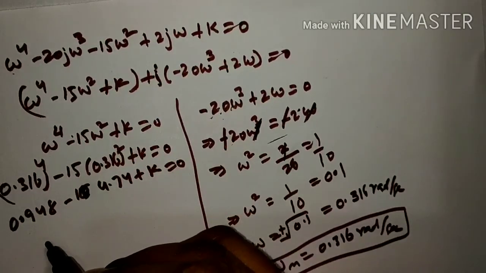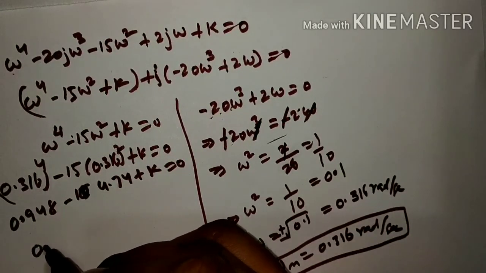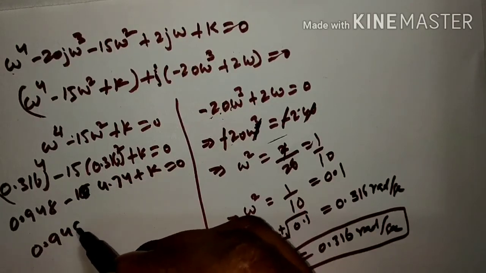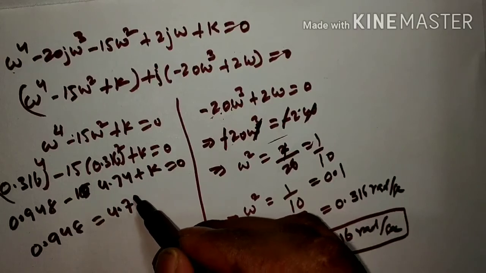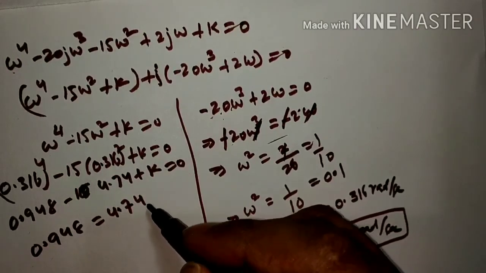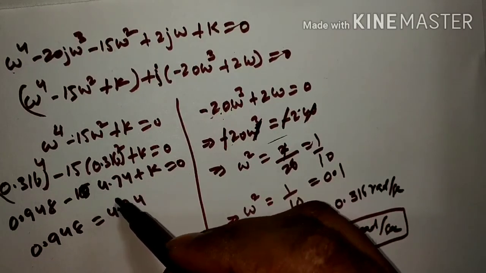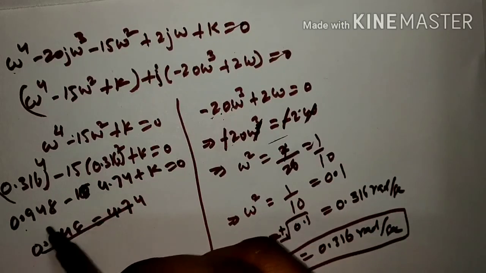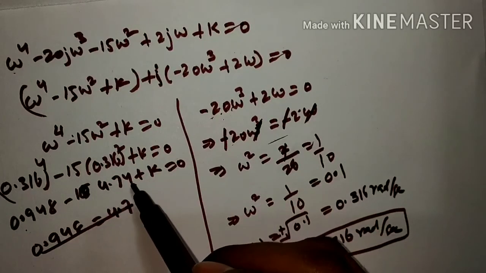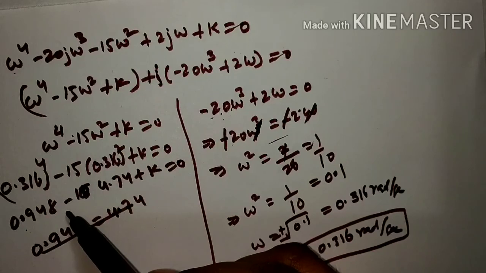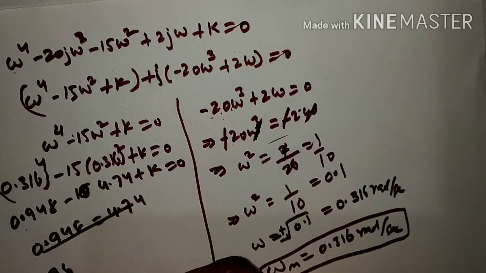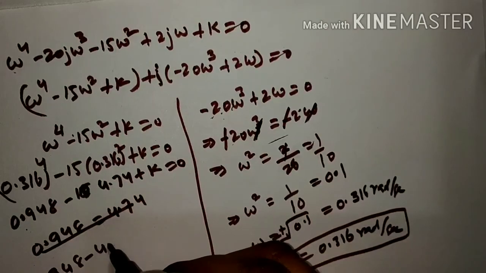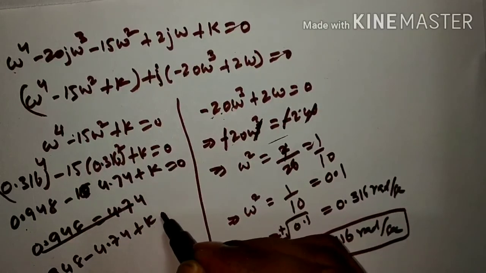So 0.948 minus 4.74 plus K is equal to 0.